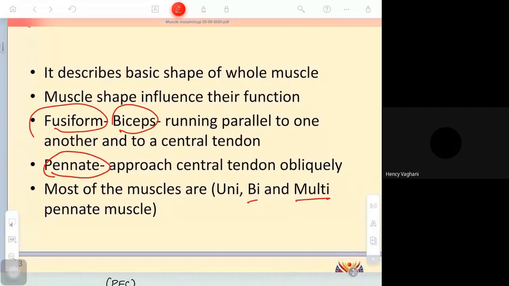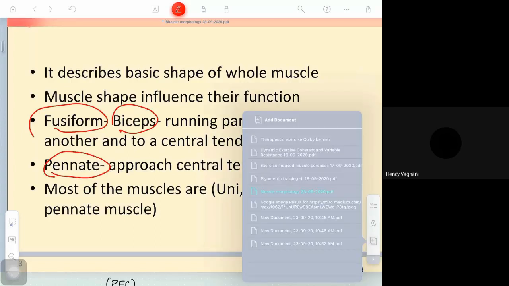The muscle fibers approach the tendon at an angle, obliquely. But in fusiform, the muscle fibers approach the central tendon parallelly. So you can see one example here, calf muscle.